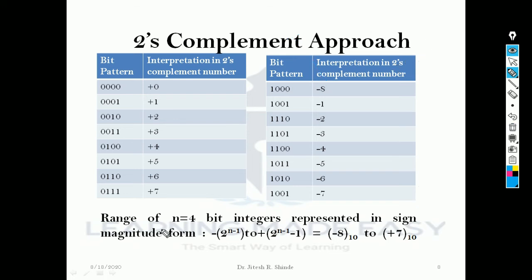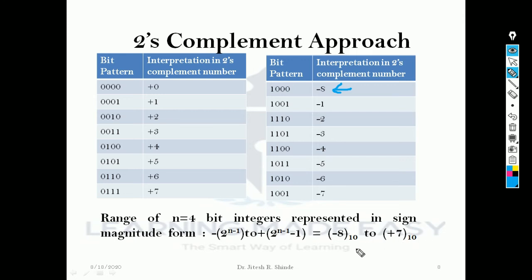Thus the range of n equal to 4 bit integers represented in 2's complement form is minus 2 to the power n minus 1, because of the inclusion of this minus 8, to plus 2 to the power n minus 1 minus 1, that is minus 8 to plus 7 in decimal format.